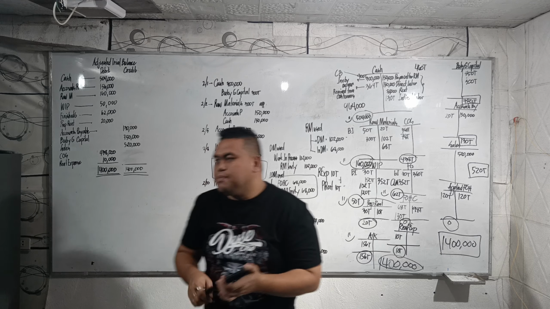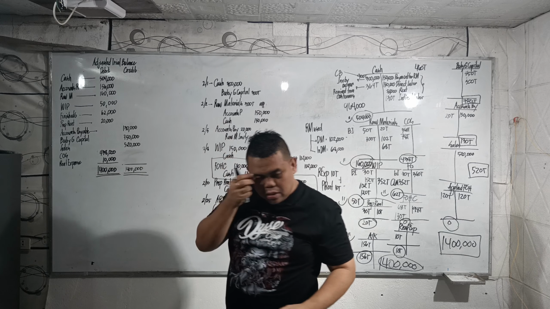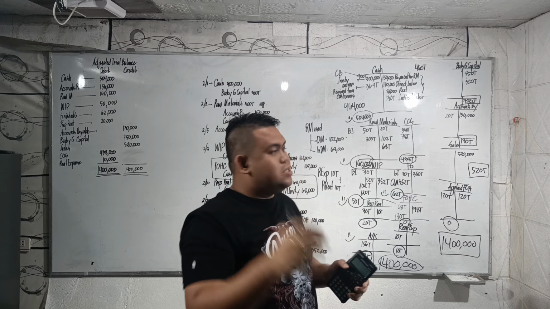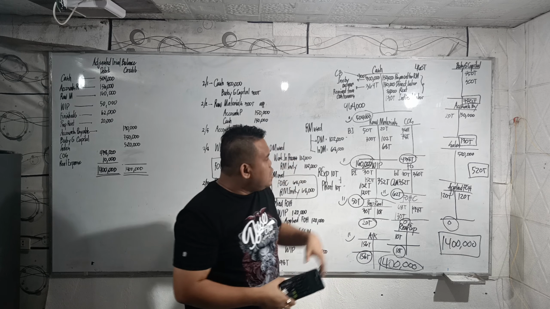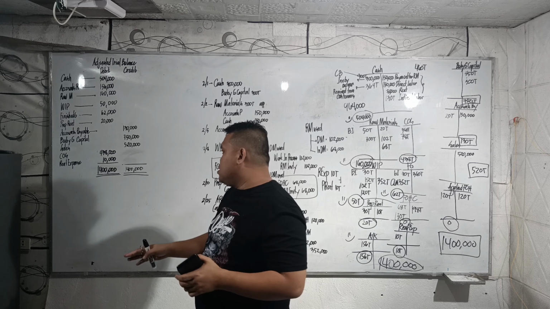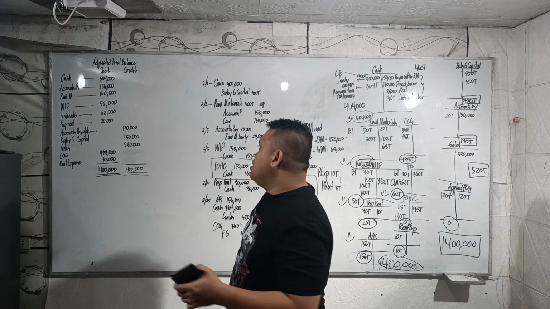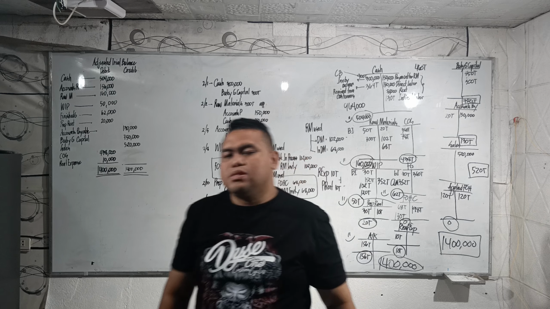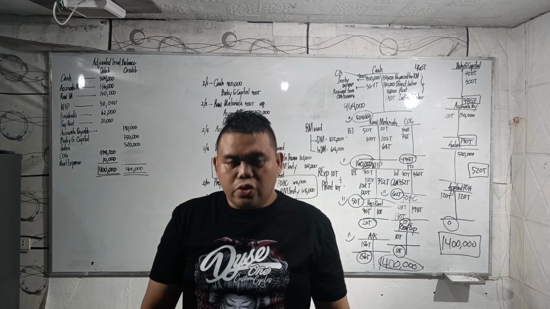But then again, let me remind you that even if you got all your entries balanced in the journal entries and adjusting journal entries, as well as on the T accounts, and then in the adjusted trial balance, of course, it will be balanced, there are times that you are still wrong.